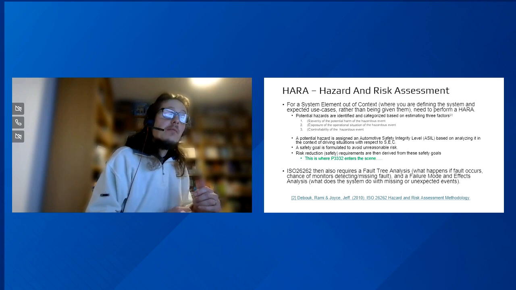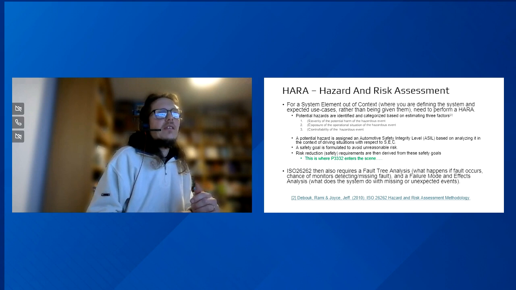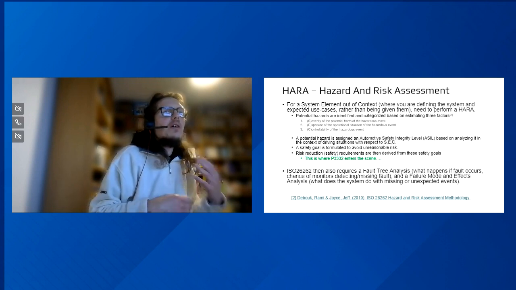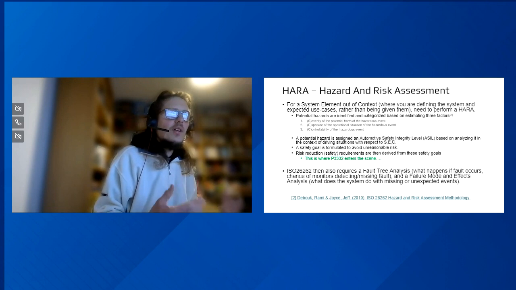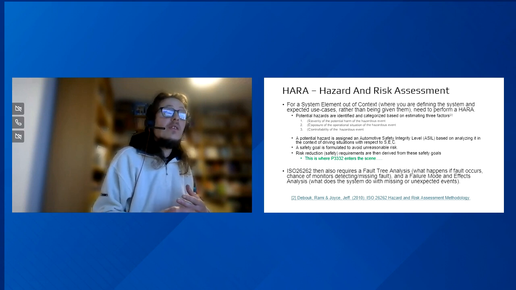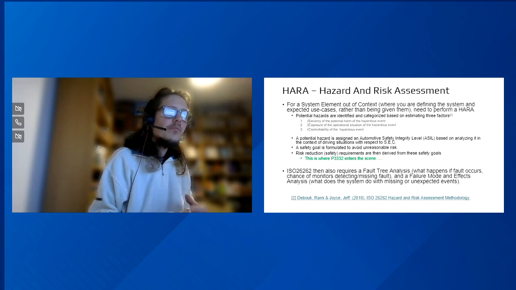How many people and things could it affect? And the controllability of the hazardous event. When you're doing your HARA, you come up with a rating for those three things. And it's a combination of that which then tells you what the safety integrity level, or the automotive safety integrity level for ISO 26262 is, based on analyzing the context of the driving situations with respect to the categorizations you've come up with.